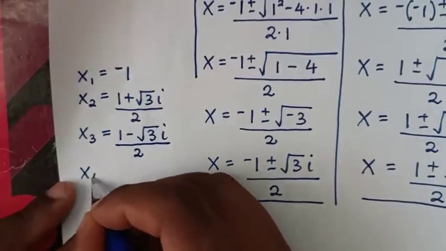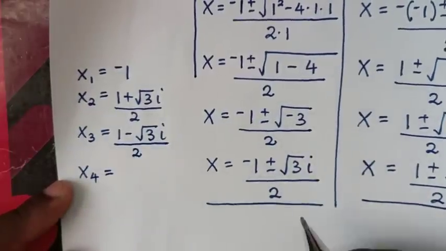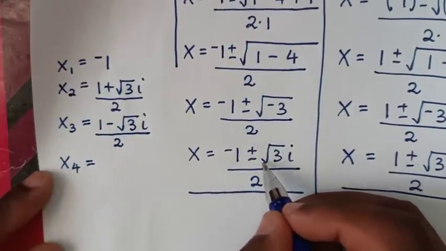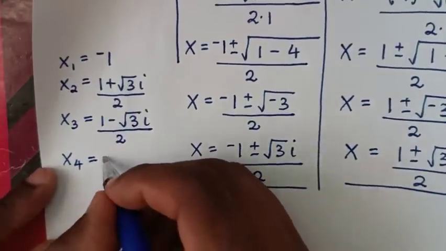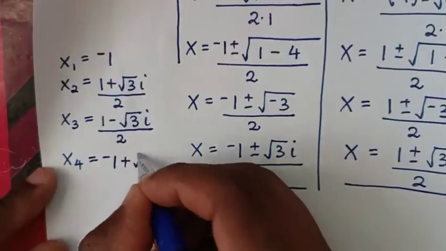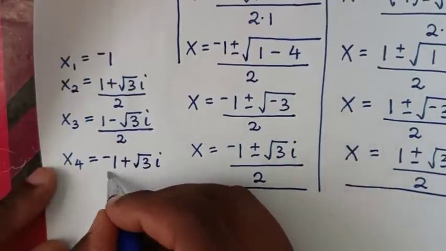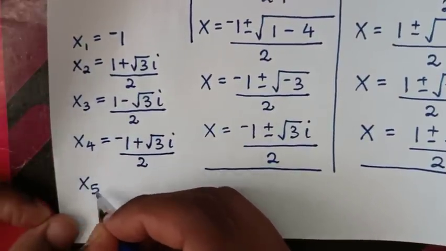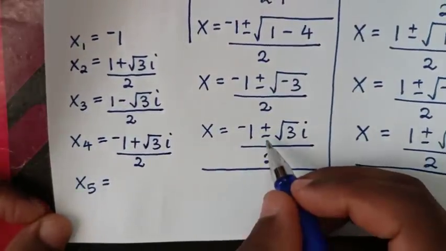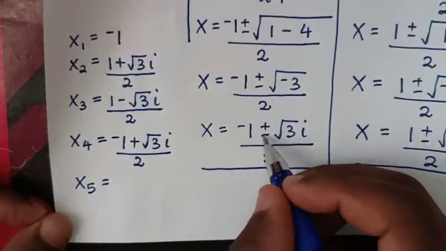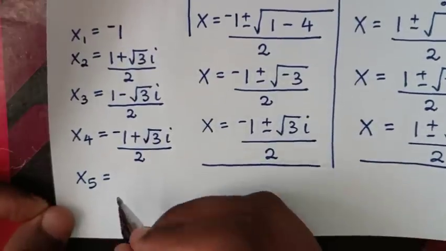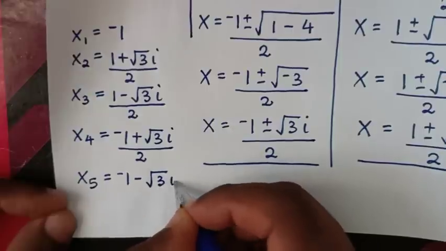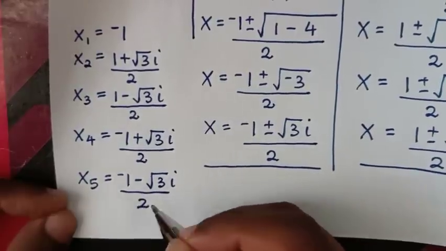Now the fourth value of x is equal to, into here, when it is positive, negative 1 plus square root of 3i over 2. The fifth value of x is equal to, in here when it is negative, negative 1 minus square root of 3i over 2.